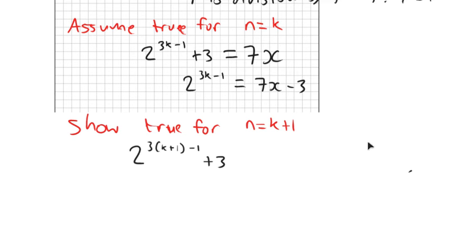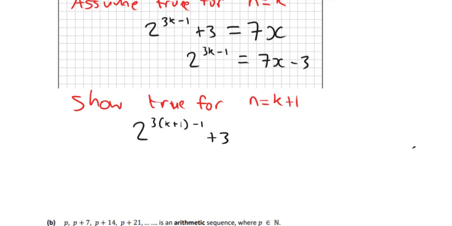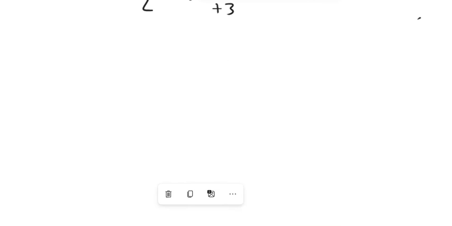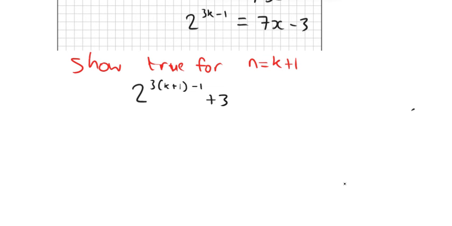So that then has to be equal to 7 times a number as well. So let's simplify it first anyway. So 2 to the power of 3k plus 3 minus 1, and then the plus 3. So that's the same thing as 2 to the power of 3k plus 2, and then plus 3.